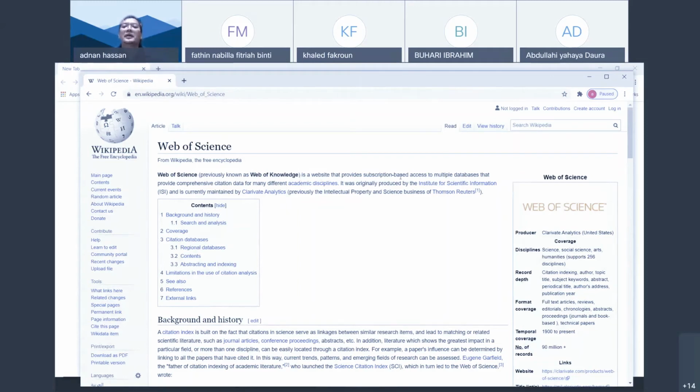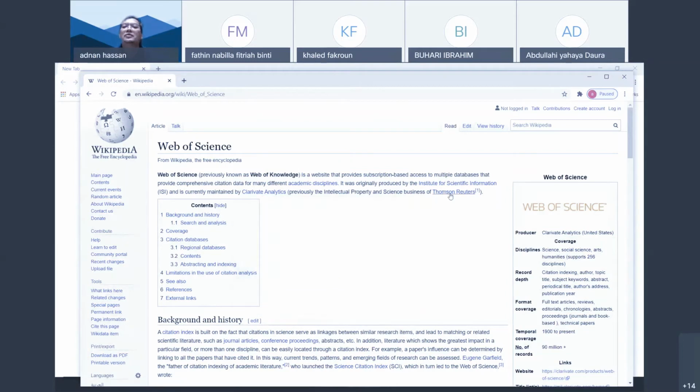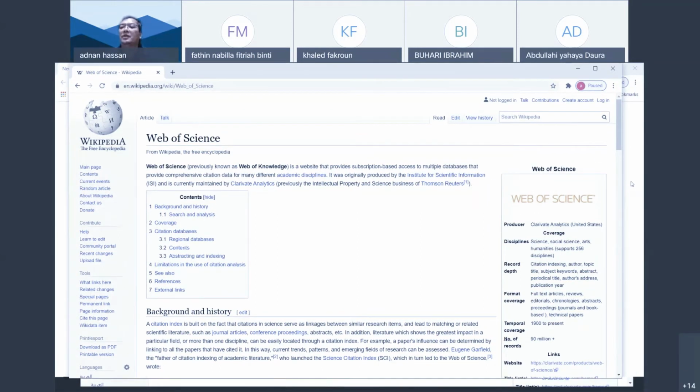It provides multiple databases with comprehensive citation data across different academic disciplines. It is under Clarivate Analytics, previously Thomson Reuters. These are big names in databases for journal papers and so on.